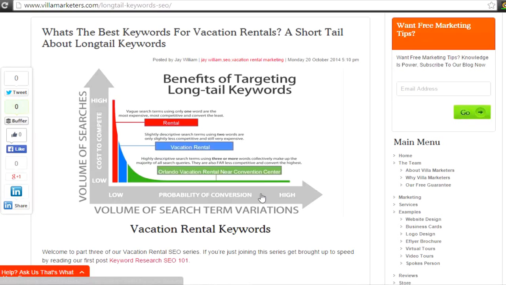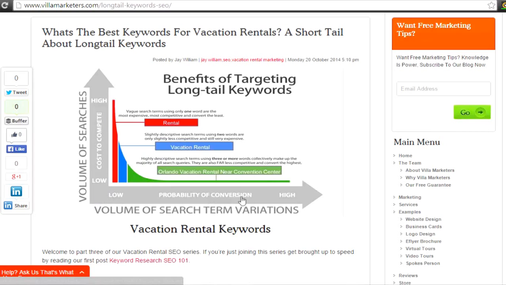So the point of what we're trying to show you here today is that, yes, with these vague search terms, you're going to have a higher volume of searches, okay? And you're also going to have a higher cost associated with those search terms. So we want to go with these long tail keywords because you have lower competition for them and you're going to have a higher probability of conversion.